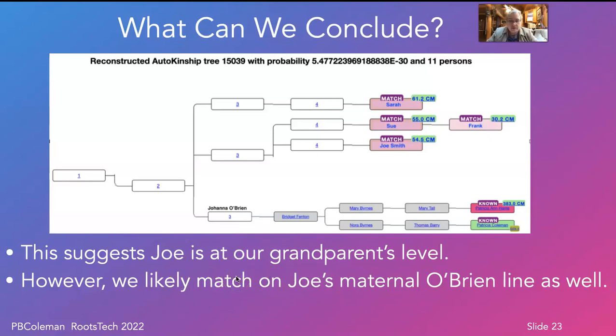This suggests that Joe is at a grandparent's level to Trish and me, and that seems unlikely as Joe is around the same age as both Trish and I. And also, we're pretty sure that there's more than one line of match to Joe's family. It certainly looks from this cluster that we match his paternal Smith side, and we have not ruled out the possibility that we still match his mother's O'Brien side.